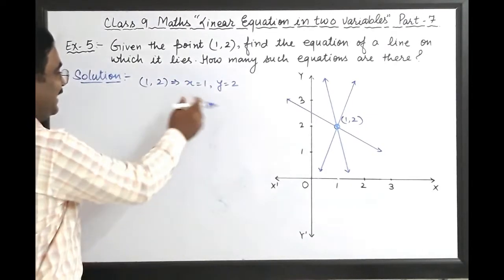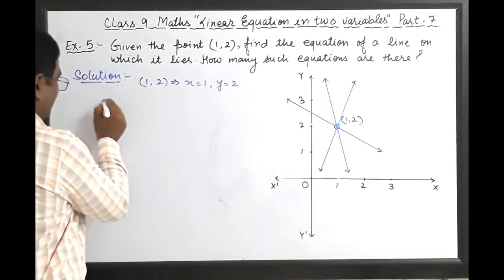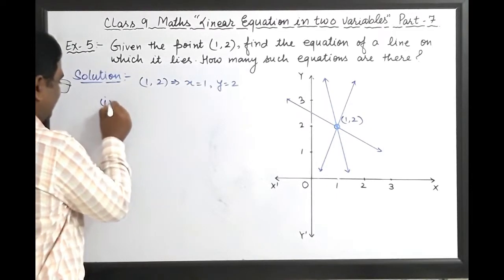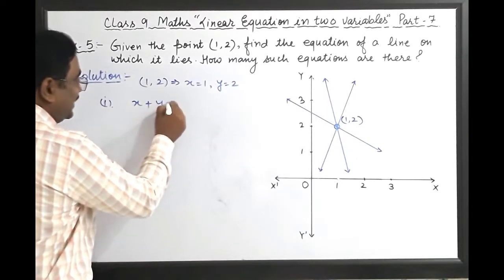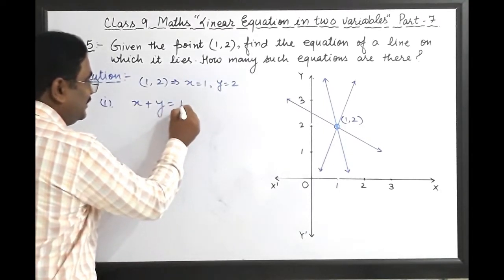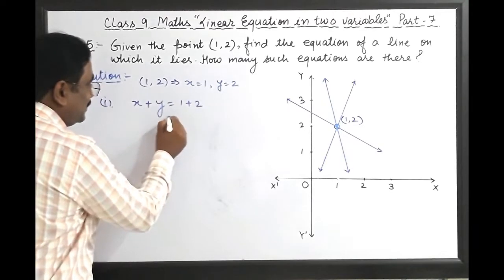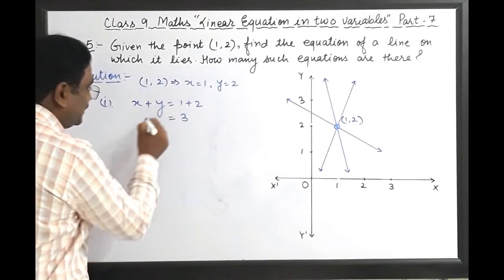So when you add them, we are going to find the first equation. When you add x plus y, you will get 1 plus 2. Therefore 1 plus 2 is 3.